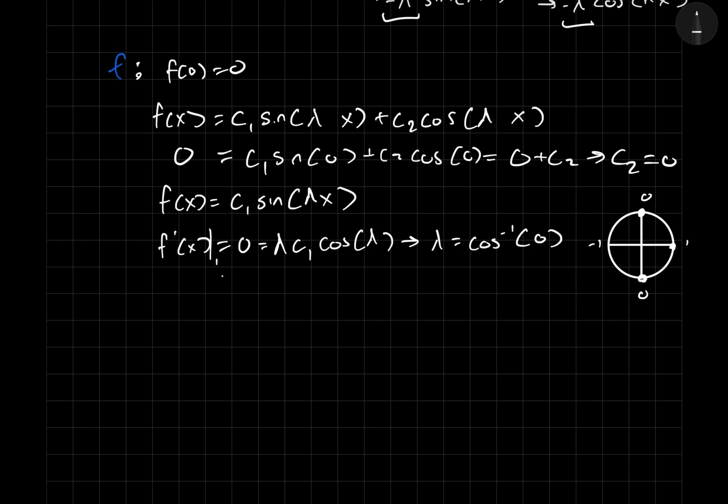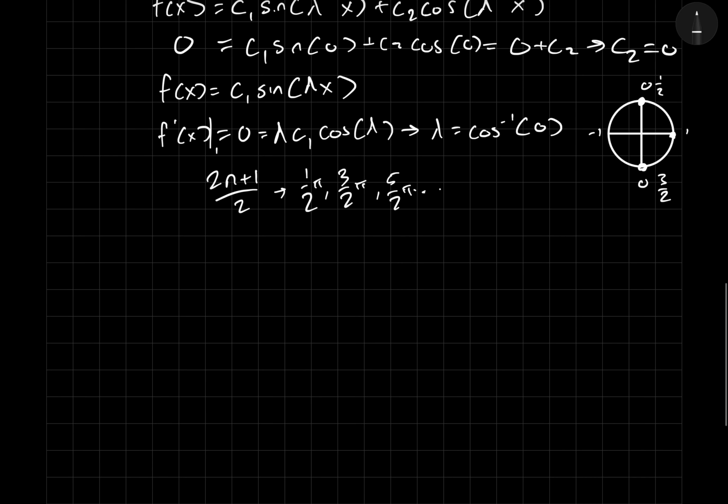And from here, we could just tell that it is going to be 2n plus 1 over 2 pi. And why is that? Well, this is going to be 1/2 when n is 0. Then it's going to be 3/2, then 5/2, and so on.